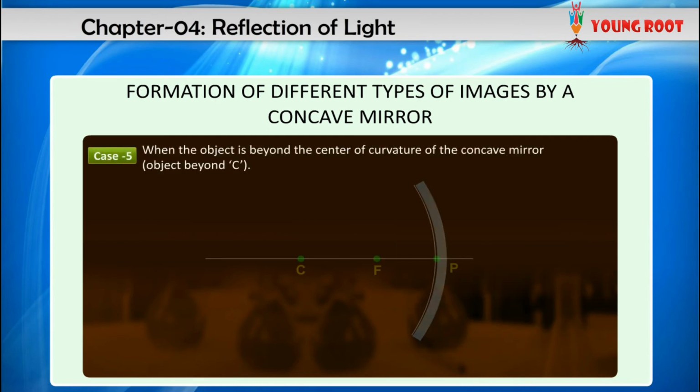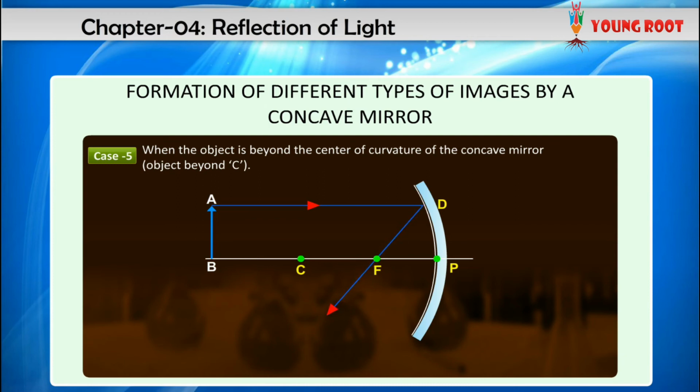Case 5. When the object is beyond the center of curvature of the concave mirror, object beyond C. The object AB has been placed beyond the center of curvature C of the concave mirror. A ray of light AD, which is parallel to the principal axis, passes through the focus F after reflection.